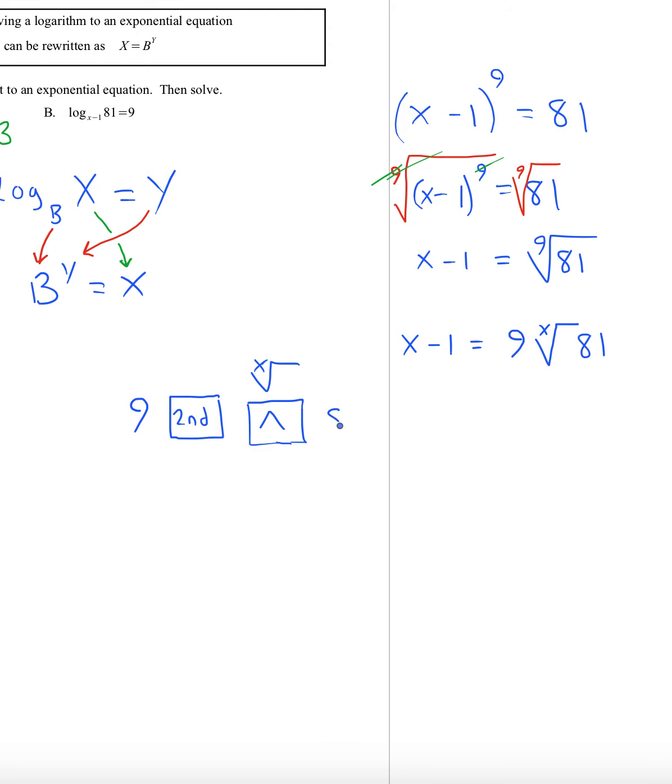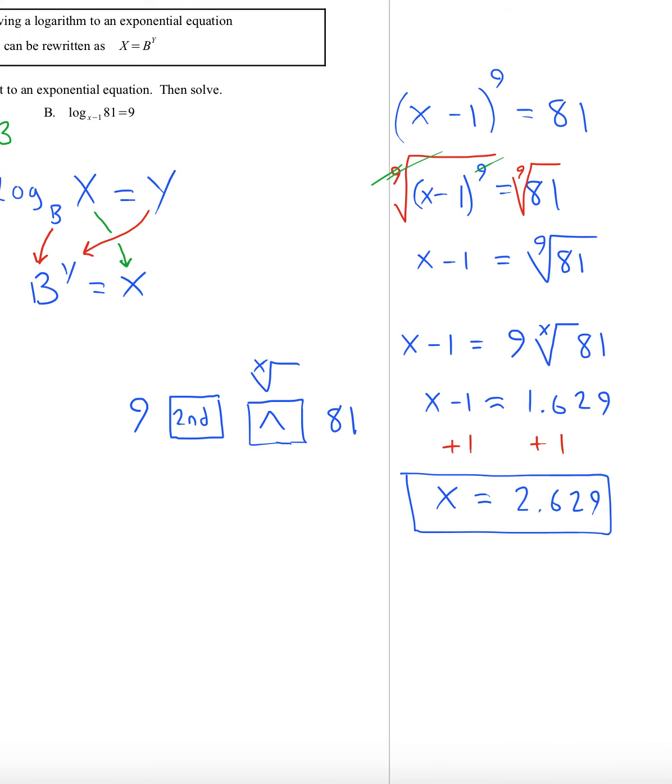And then type 81. I get x minus 1 is approximately equal to 1.629. Finally, we'll just add 1, getting 2.629 approximately.